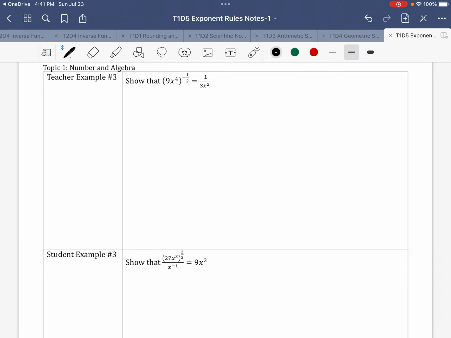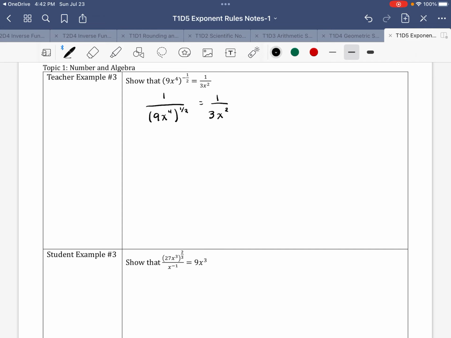Now for our last student example, we're going to show that the quantity of 9x to the fourth, all taken to the negative 1/2 power, equals 1 over 3x squared. So here we have a negative fractional exponent. Since we have a negative exponent and our coefficient is a part of what's being taken to that power, we're going to take all of it and write it as 9x to the fourth power to the positive 1/2.